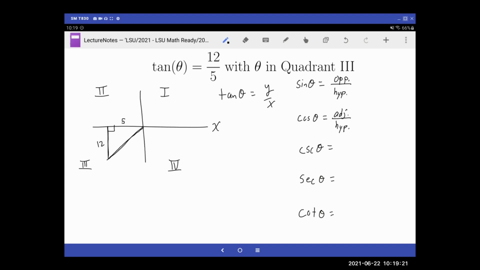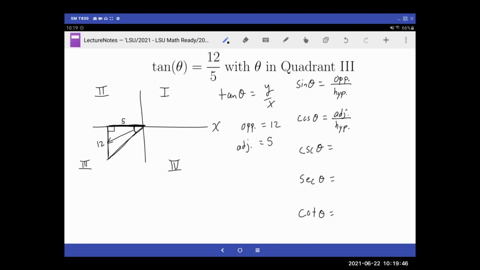Okay, and so here's my angle. The opposite side would be the side directly across from it, so 12 in this case. Opposite side is 12. The adjacent side is the side that's touching that angle that's not the hypotenuse. So the adjacent side is 5.